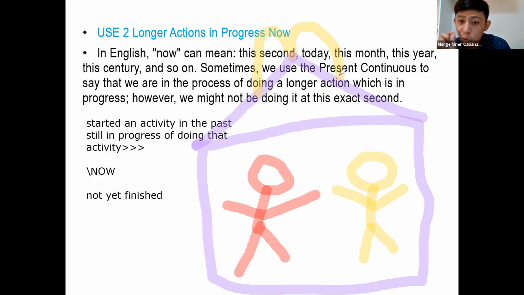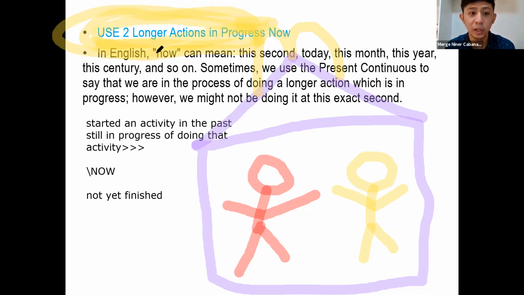You are not literally reading a book or attending a class while you're inside the restaurant where your friend and I bumped into each other. You started taking up the course medicine. You studied 2 years ago. You are still in the process of studying. You're not yet finished. It's still included with your use number 2, longer action in progress.